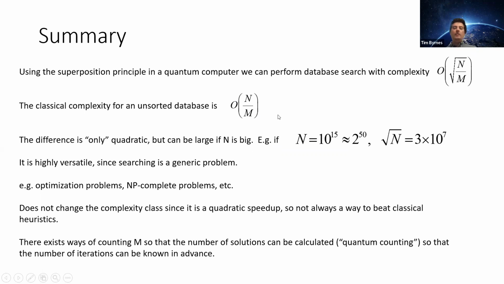but it can be significant because the bigger your n is, the more power you can see that it has. So, for example, if n is like 10 to the 15, giga is 10 to the 12, so 15 is like tera.